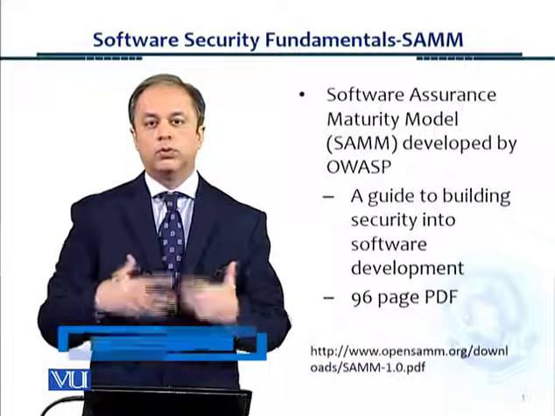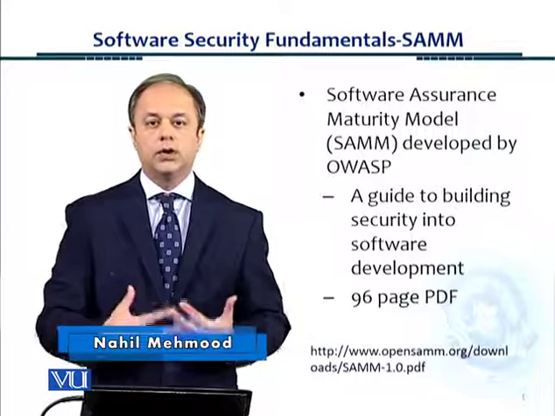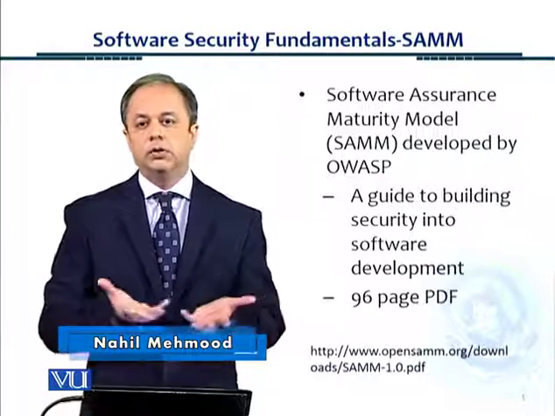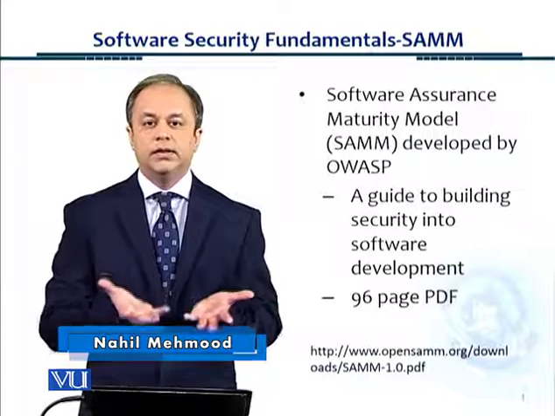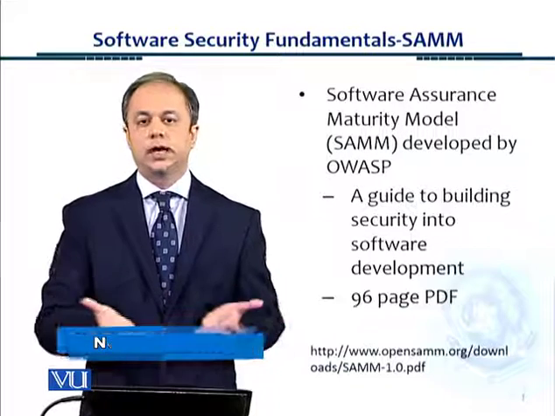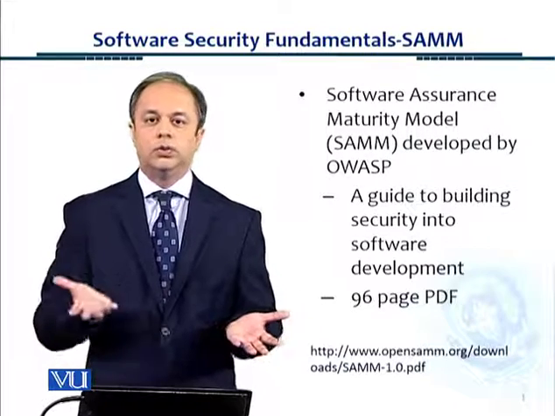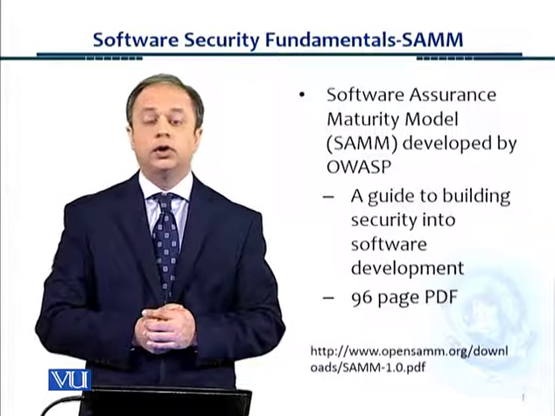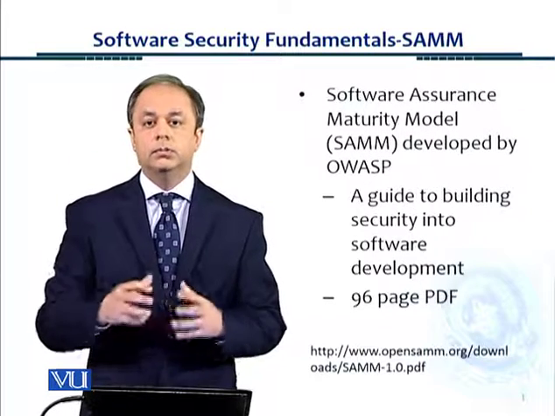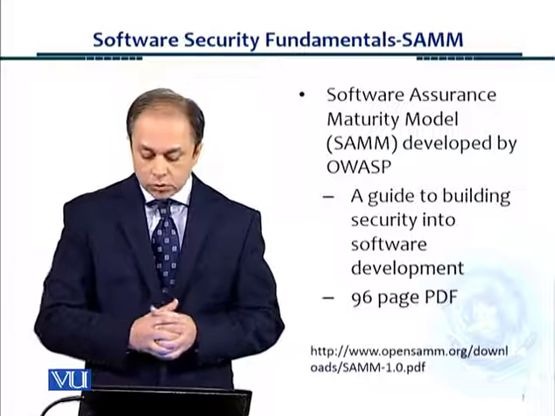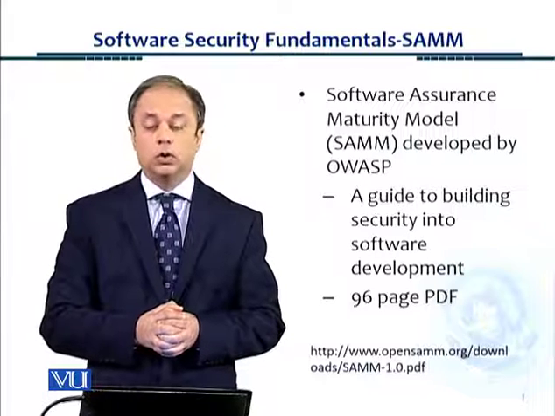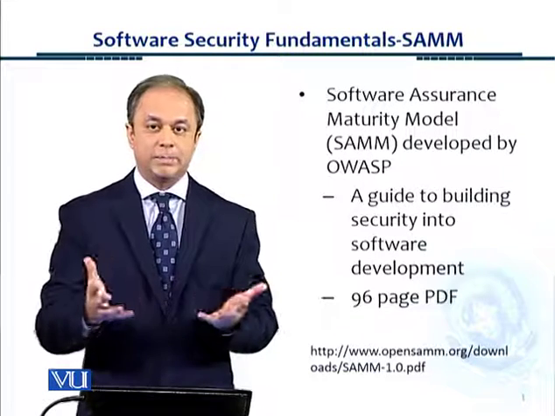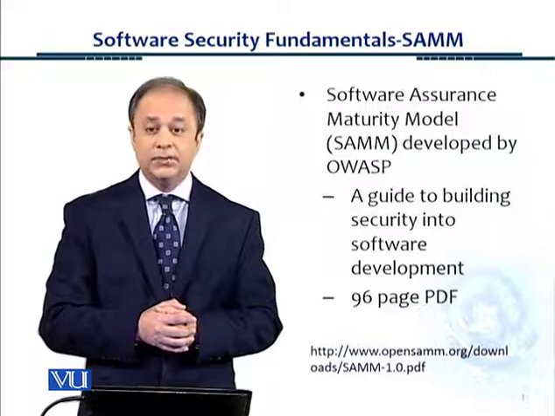So while we talk about software security hardening, it's very important to lay the fundamental principles and the fundamental groundwork so that we can lay the hardening of the software on top of that in a much more effective manner. The Software Assurance Maturity Model, or in short SAMM, has been developed by OWASP.